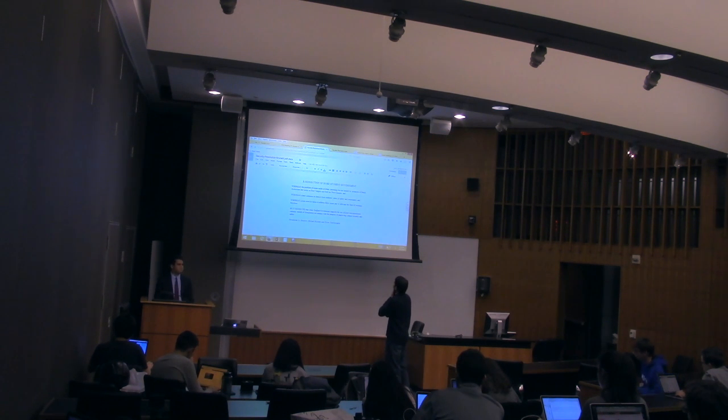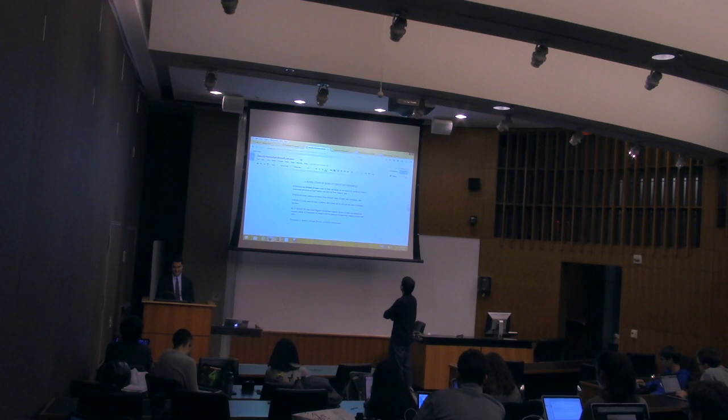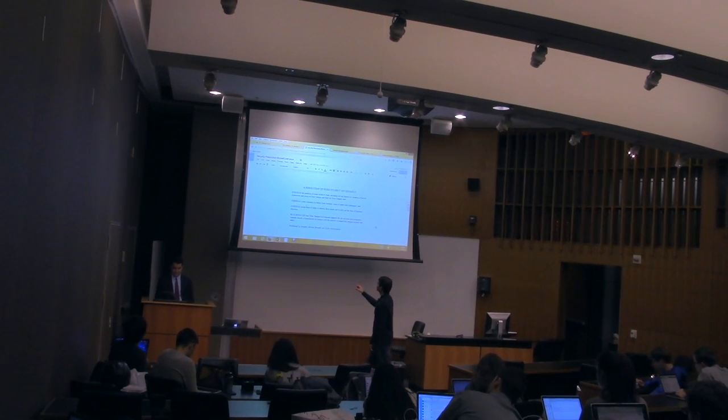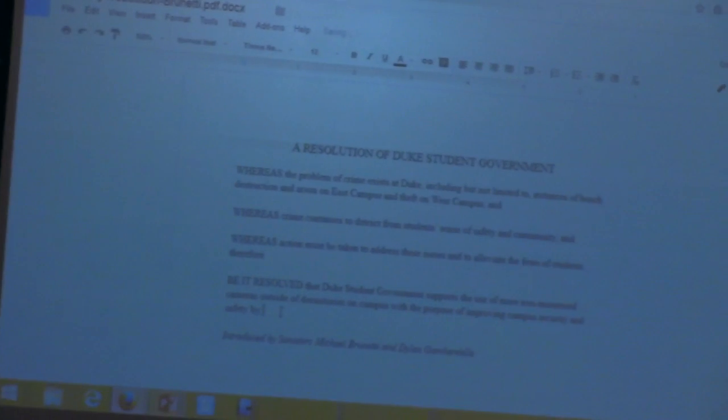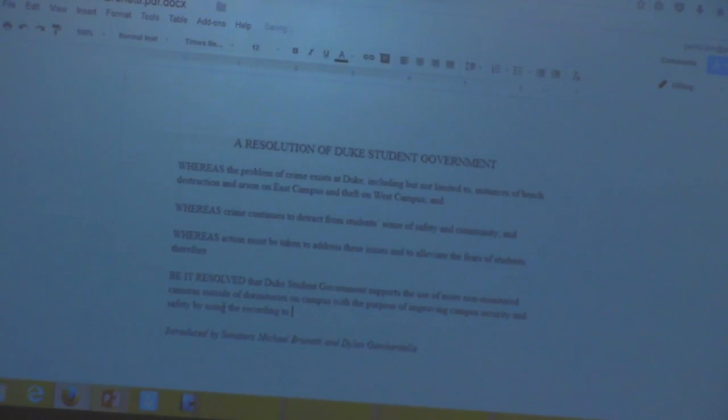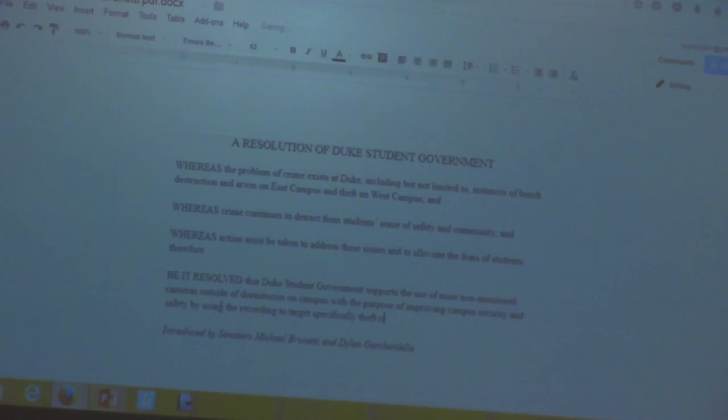So the amendment that I'd make is, it is all with the purpose of improving campus security and safety, at the bottom, and then just adds that sentence, by using the recordings to target specifically theft of property, violent crime, sexual assault, and destruction of property was the last one.